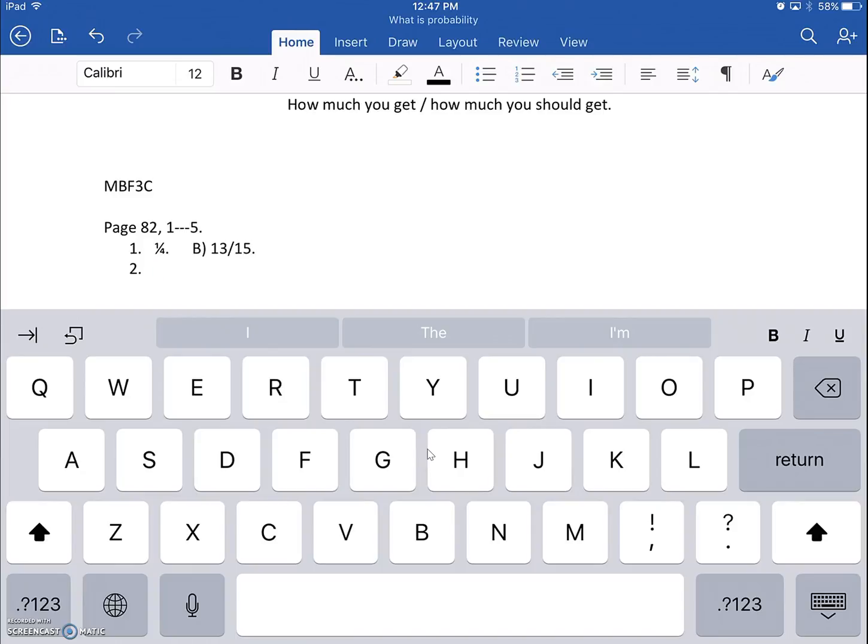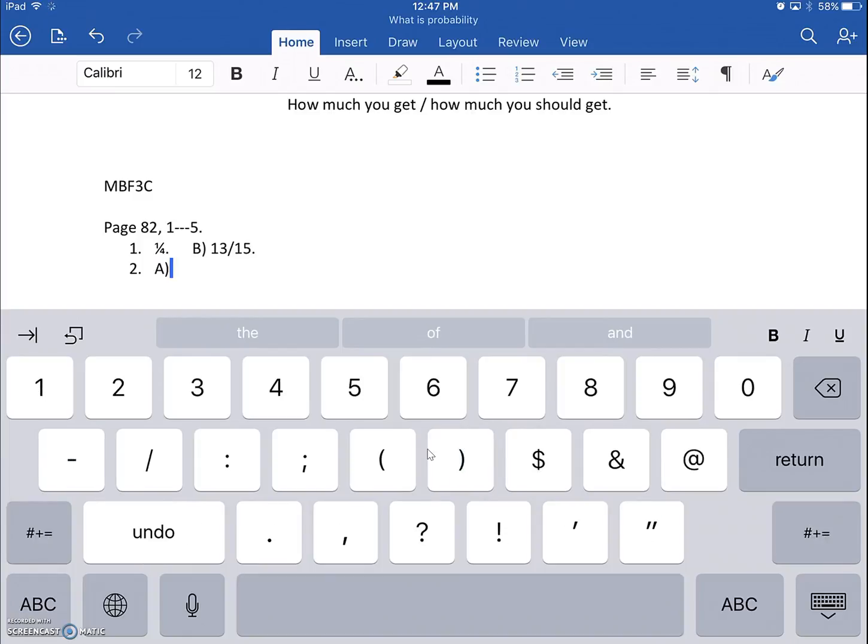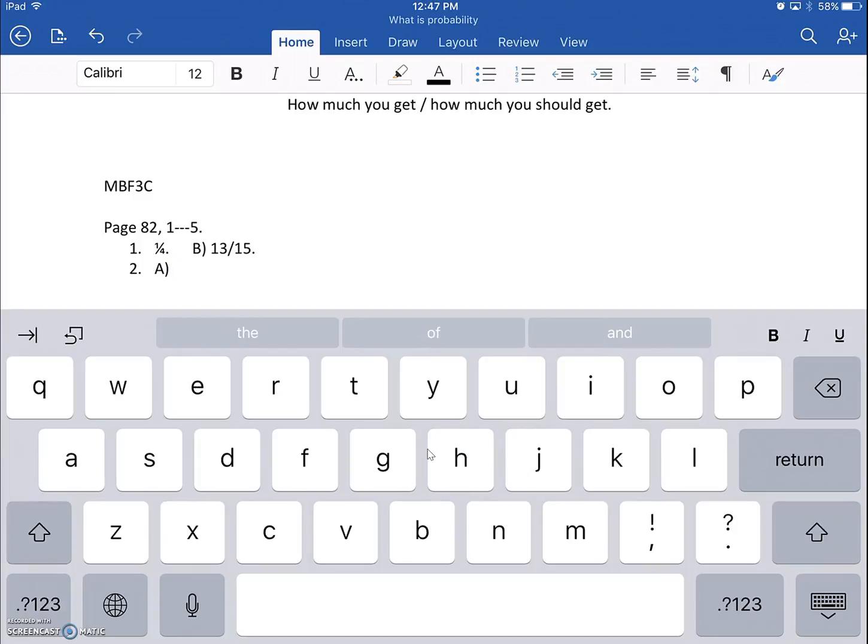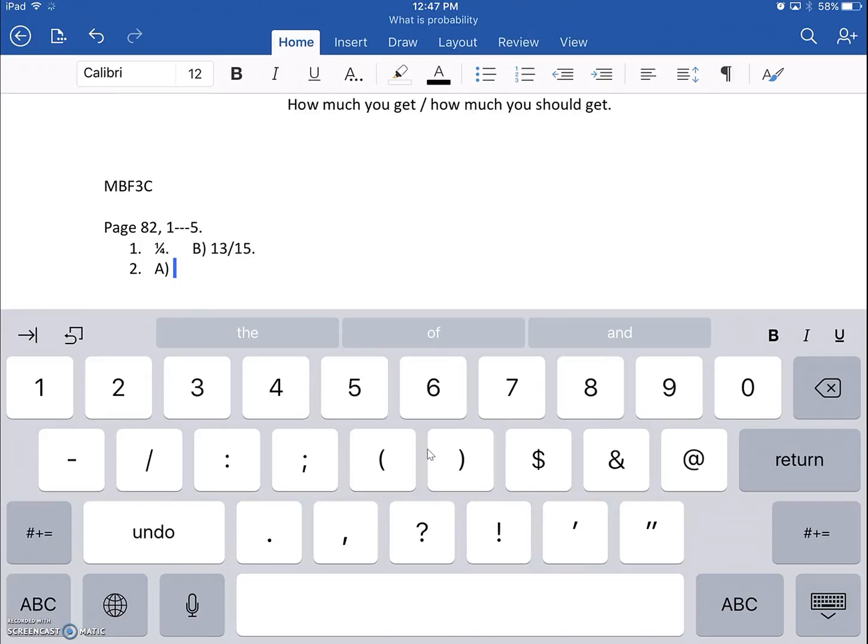So let's try number 2. So here's a question. You toss a coin 10 times. It turns up heads 8 times. Part a is, what is the experimental probability of turning up heads? Let's take a guess.